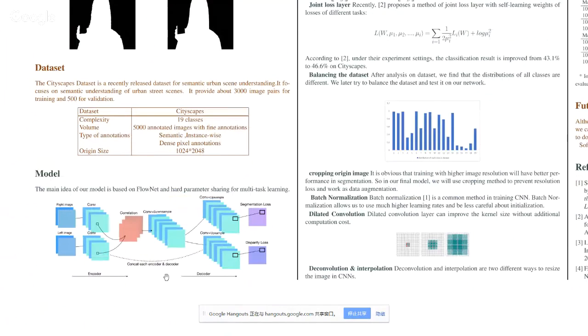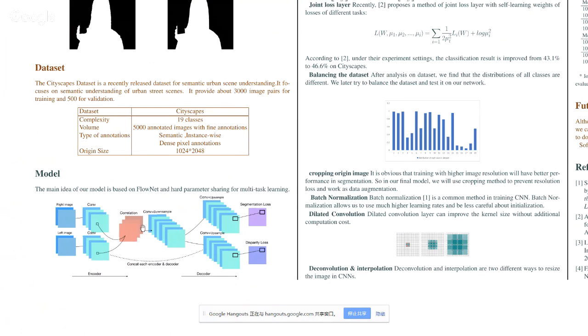The structure of our network is an encoder part and a decoder part. In the encoder part, our inputs are the right image and left image. Then we do convolution to downsample the features. The correlation layer does the combination of the left and right image in a convolution way.